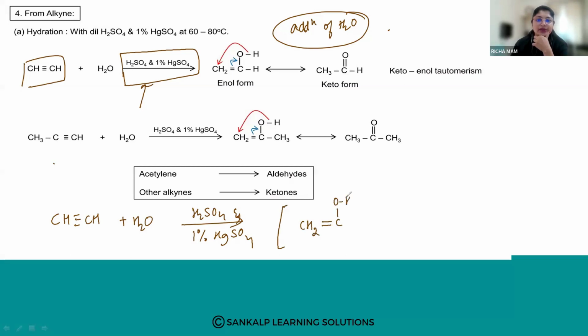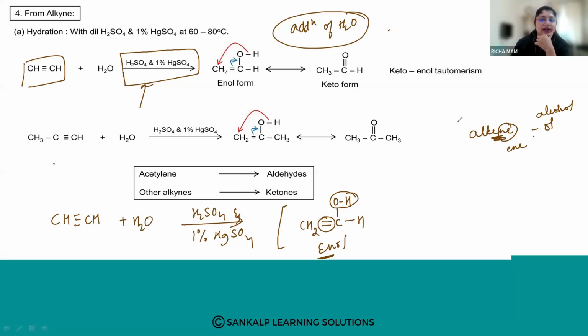So what do you mean by keto-enol system? Here, ene is your alkene, and ol is your alcohol.